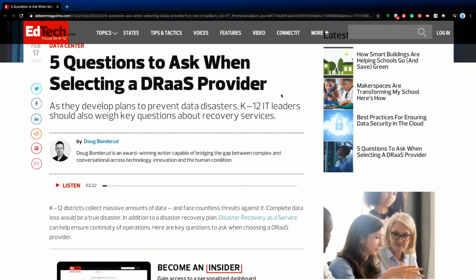Like I said, we don't have the budgets to have multiple data centers replicating and copying each other, and on-site backups, off-site backups, multiple media, and all that. It doesn't exist. So it's a good read on some basic knowledge for those who may be in the situation of having to find a disaster recovery as a service provider.